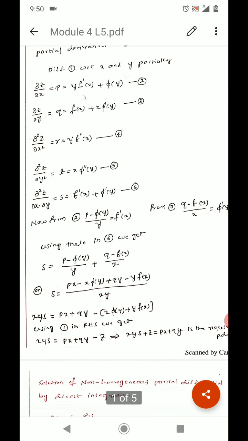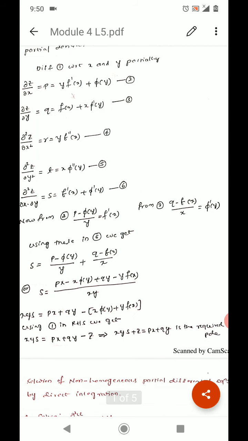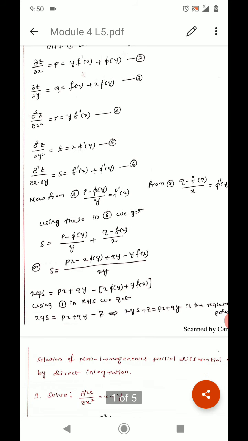So using these results in equation 6, in the RHS we have f dash of x plus pi dash of y. So the above results are substituted in equation 6. So we obtain s is equal to p minus pi of y divided by y plus q minus f of x divided by x.